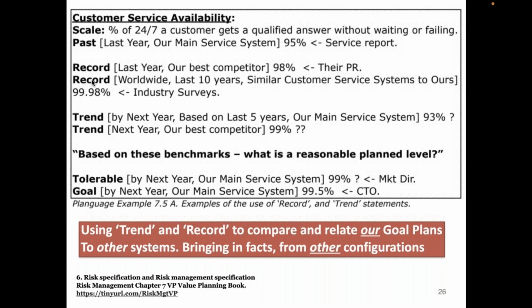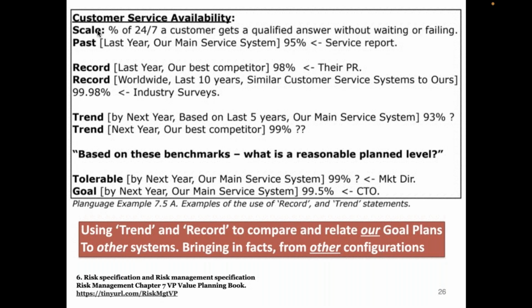And trend also says if things keep on going the way they're going, we're going downwards and out, and our best competitor is going upwards and going to thrash us. So this helps us reason about the minimum, the tolerable goal, and the actual real ambition level or goal that we want, and who did it.